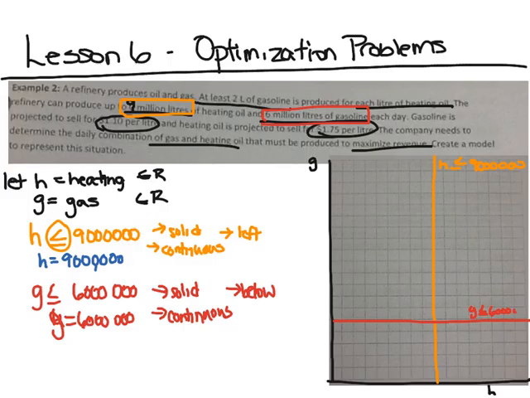And last, the question says there's at least 2 liters of gasoline for each liter of oil. So we know gasoline is bigger than oil 2 times. So 2 times the oil is equal to the gasoline. And it's at least, so it's going to be at least that number. So we want to graph G equals 2H.